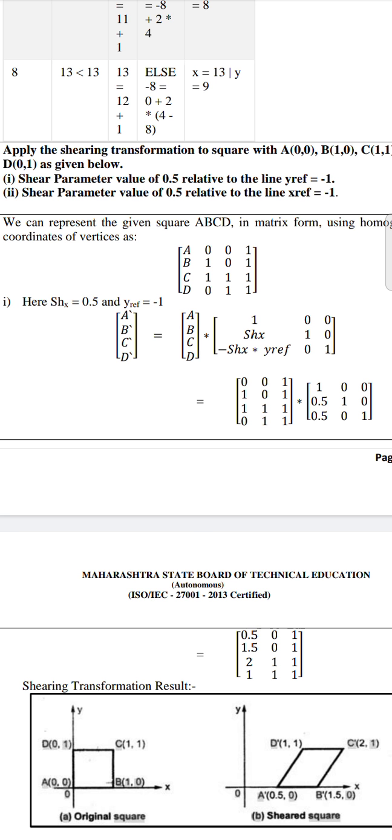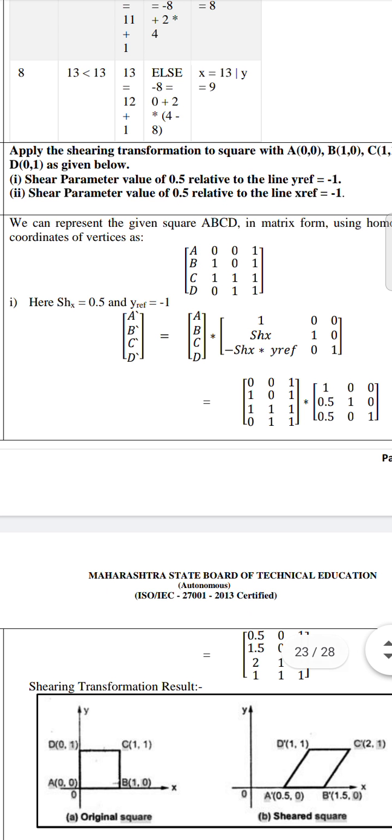In the first part they have given a shear parameter value of 0.5 relative to the line y reference equal to -1. The important thing is that when you perform a shear transformation relative to y reference -1, it means you are applying a force on the y axis.